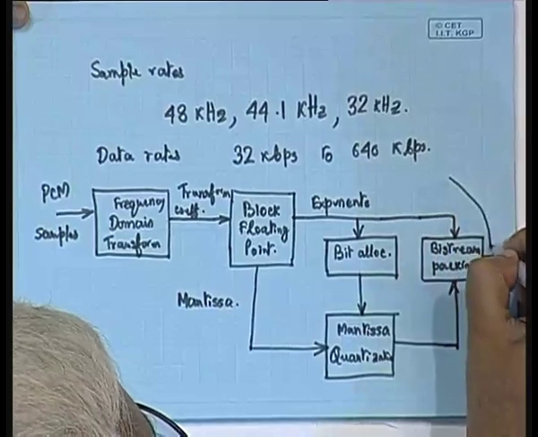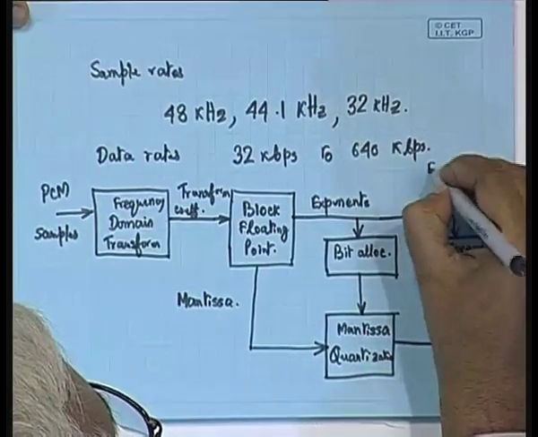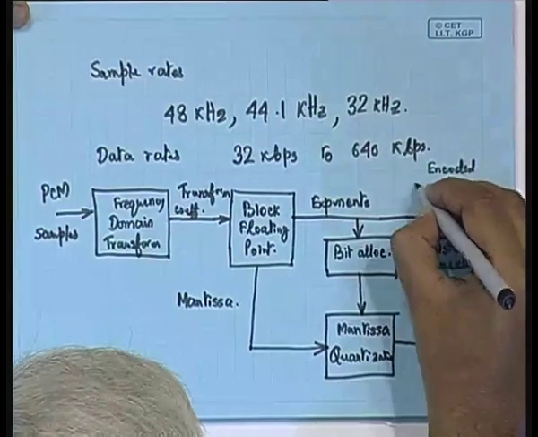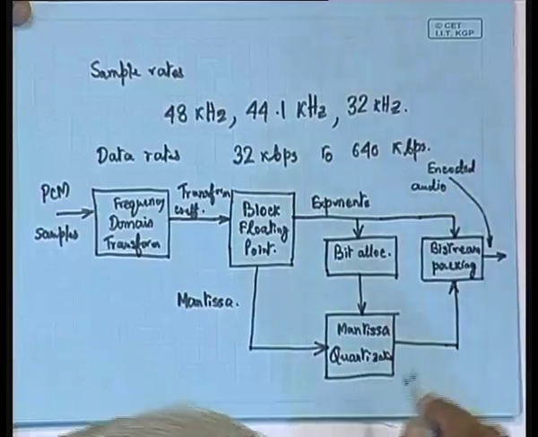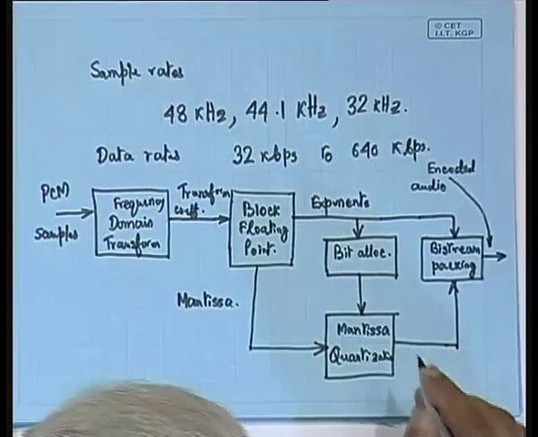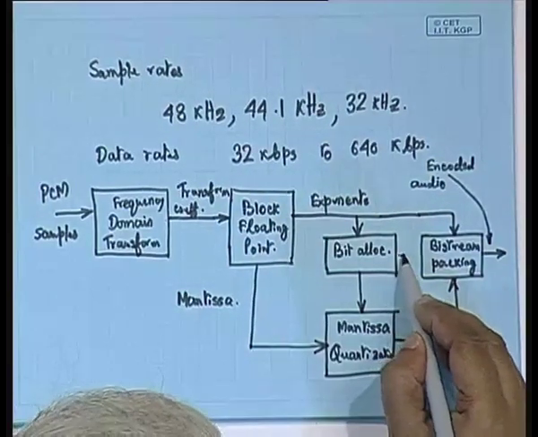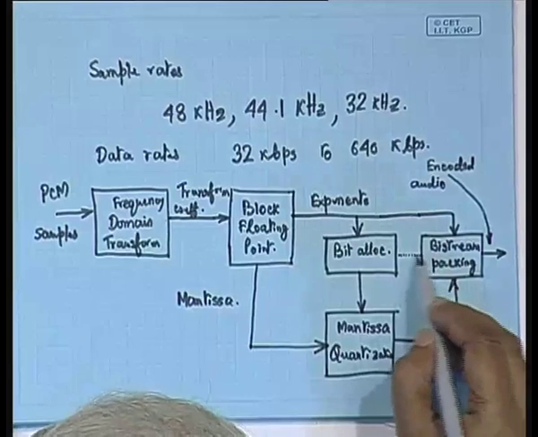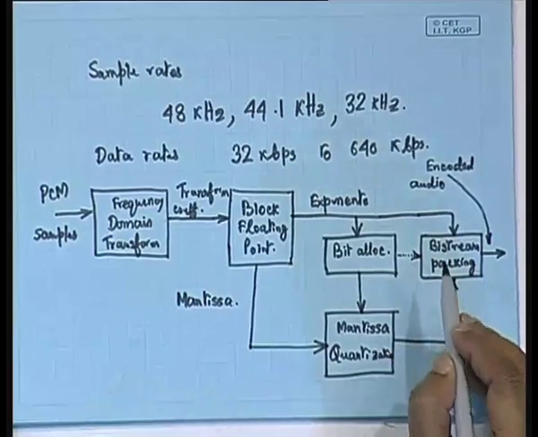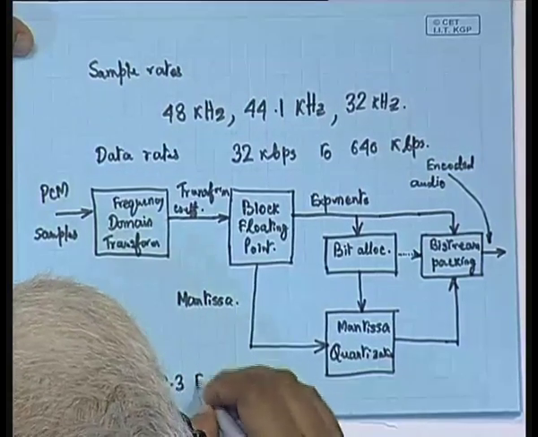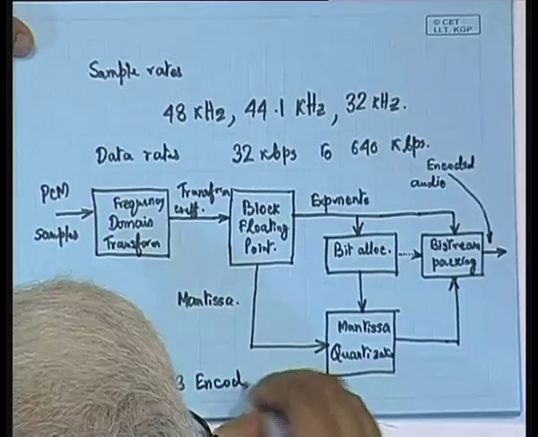I do not have space to write, so I am writing here. This is where we generate the encoded audio, and not only this information should go, but also the bit allocation information, which should be put into the bit stream. So, this is the block diagram of the AC3 encoder.